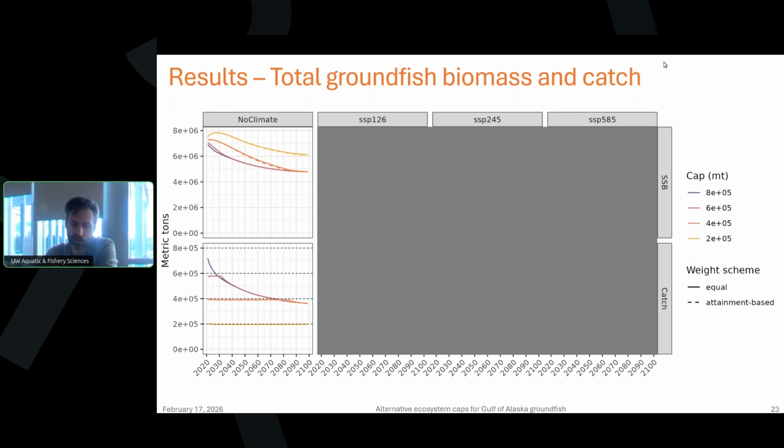If you look at the pink line and also the orange one, the 600 and 400 lines, they keep the catch below their respective limits for a while, and then they don't anymore. That's arguably what we have seen in the real system, where this cap may have been representative of the system productivity at one point, and then things changed and that wasn't the case anymore.